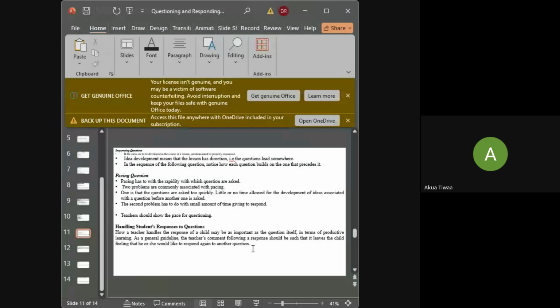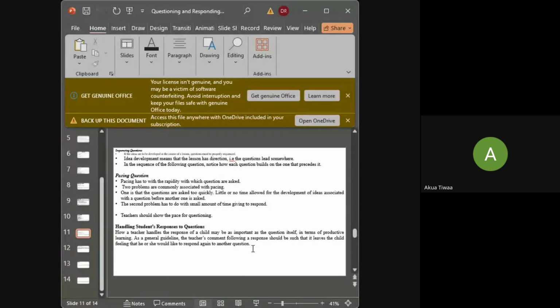Two problems are commonly associated with pacing. One is that questions are asked too quickly, with little or no time allowed for the development of ideas associated with a question before another one is asked. So short answers are expected and encouraged rather than elaborate responses.